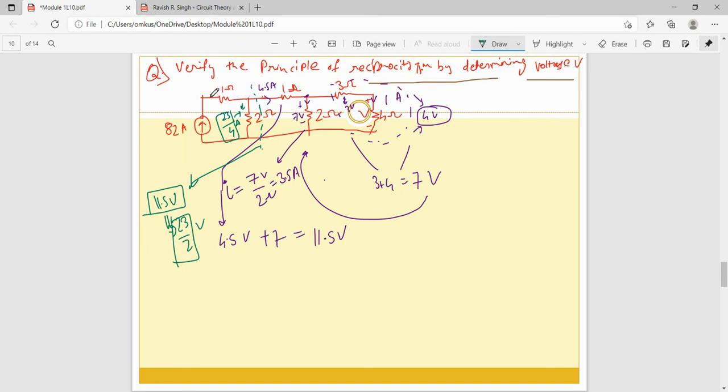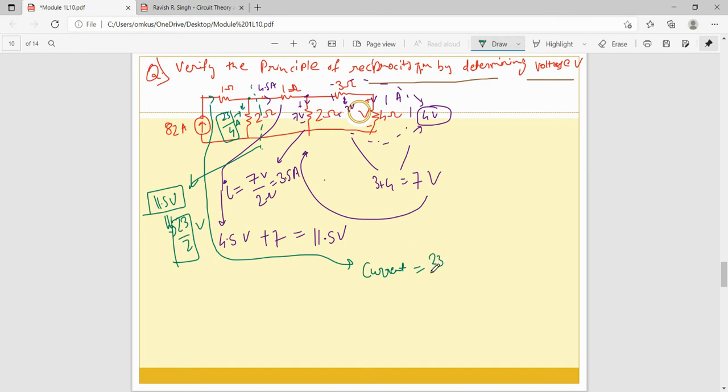So what is the current supplying from this 1 ohm resistance? The current for this branch is equal to, apply KCL from this node, apply KCL here.